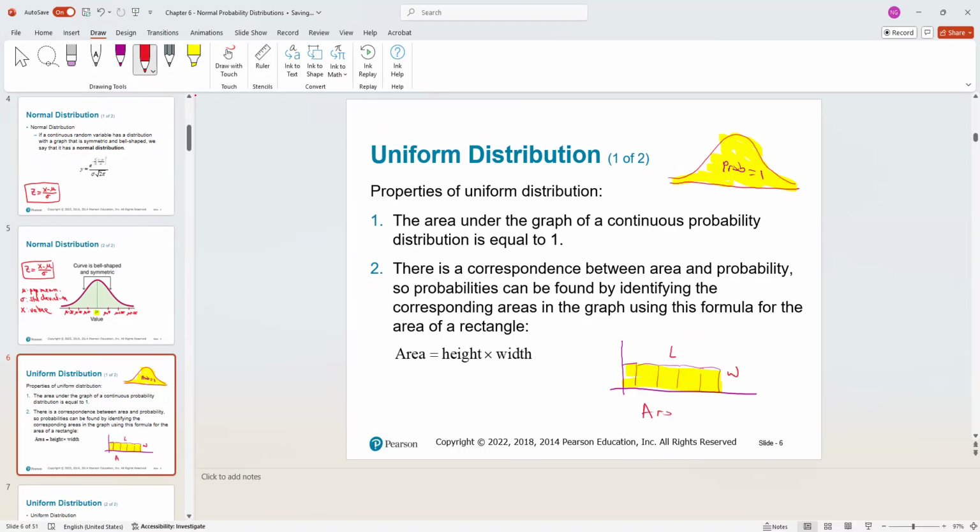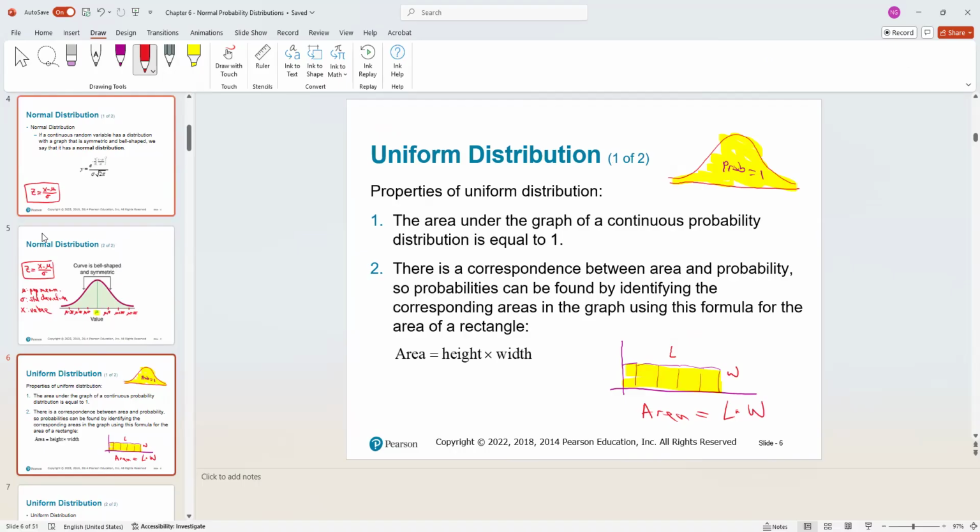So the area would be length times width. For some shapes, we already have a formula. The area of a circle is pi r squared, right? The area of a triangle is 1/2 times base times height, right?